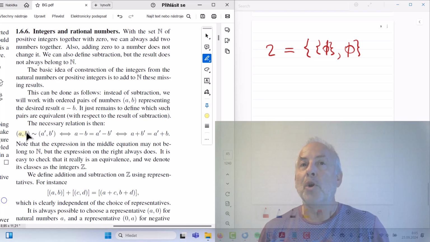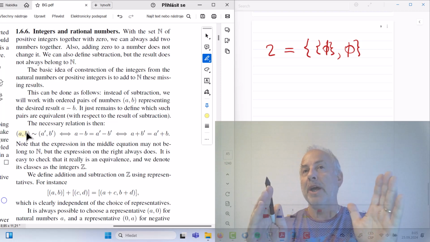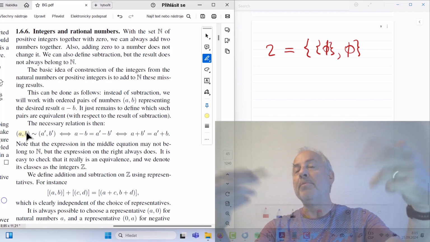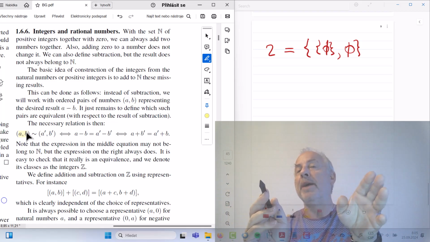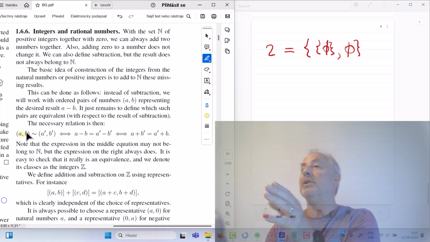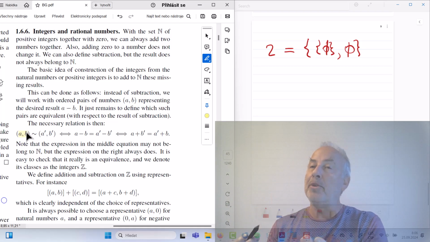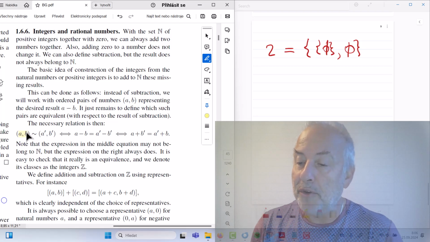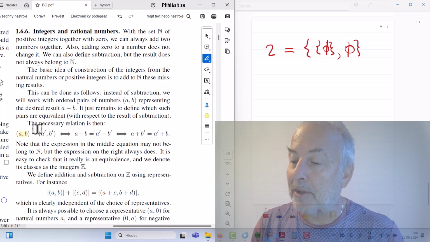And now, of course, if I take two couples like that and shift both by the same amount, so I add the same natural number to both of them, then I should get something which provides me with the same difference, right? That makes sense, that's what we expect. So we can say that that's exactly our equivalence, right?